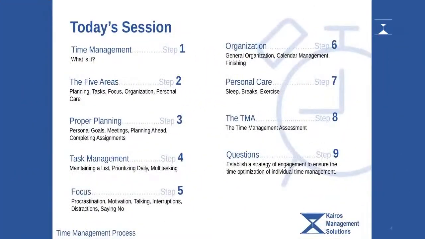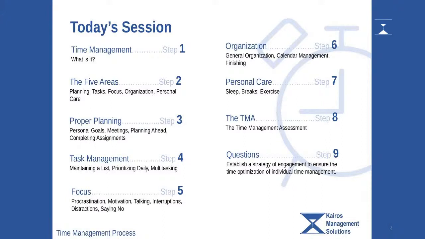Let me go ahead and walk you through what we hope to accomplish in our session together. First, I'm going to define time management. Then we're going to go through the 5 areas, fundamentals, or categories that set the foundation for good time management. And then we'll go into each one of those in detail.